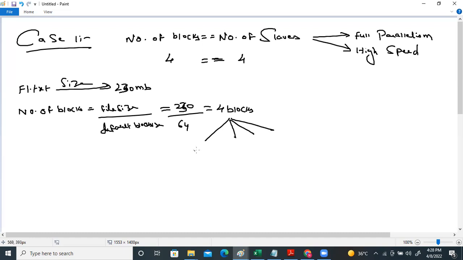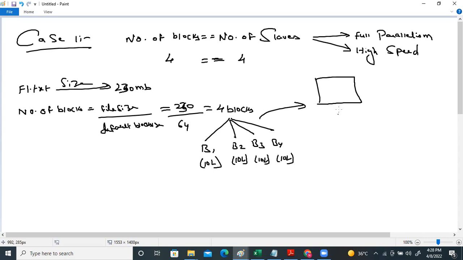This is divided into 4 blocks: B1, B2, B3, and B4. Assume each has 10 lakh records. How are these blocks going to be distributed? This is the master node, and these are the slaves, 1, 2.